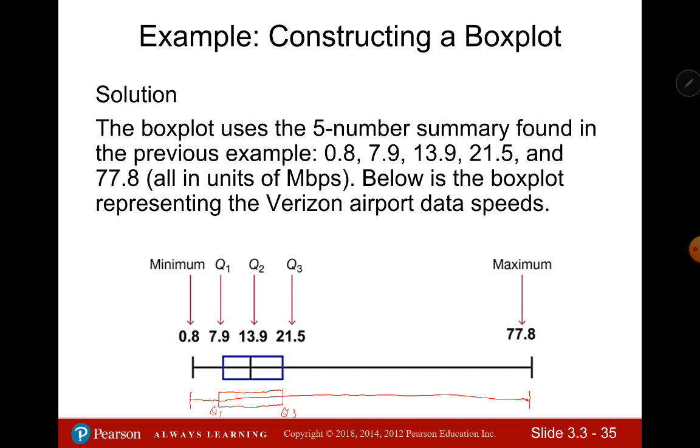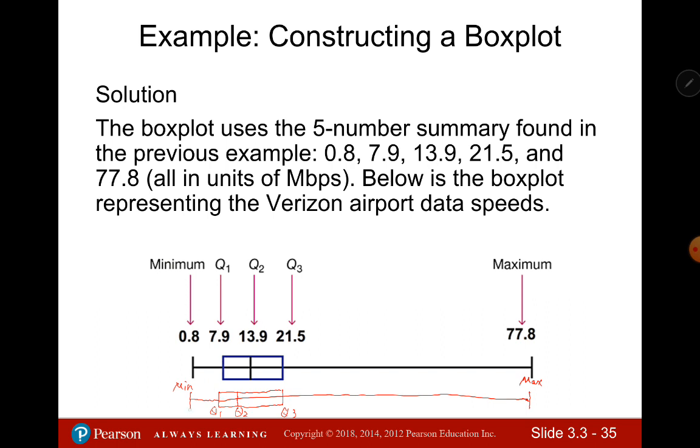For the approximate position, it's about here. So it's Q2. Then we label it minimum. We know it's from minimum to maximum, and this Q1, Q2, Q3, we can label.